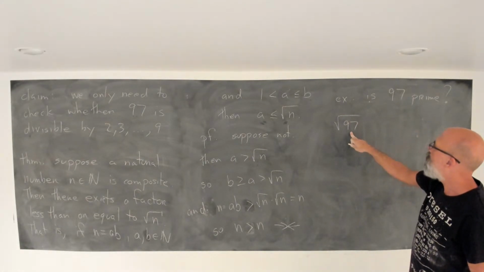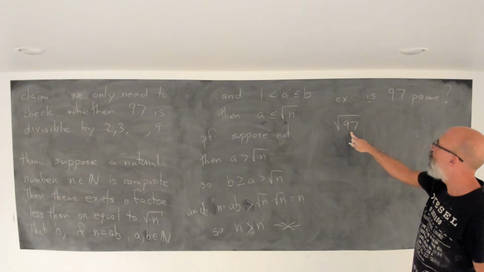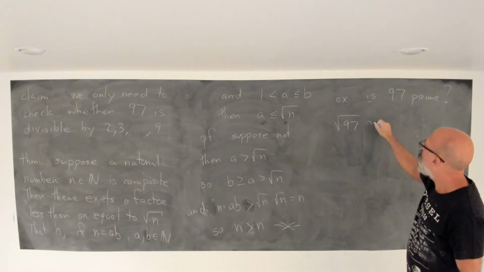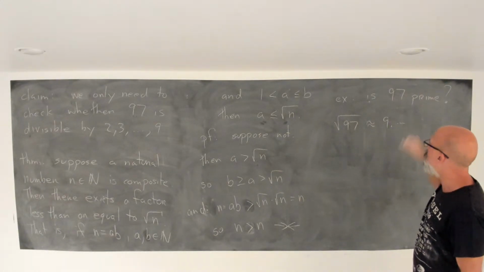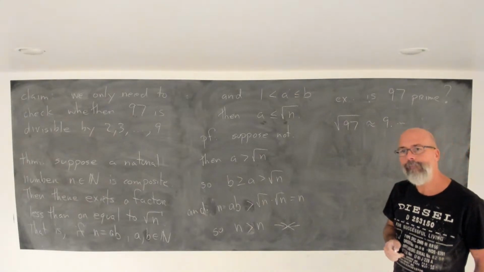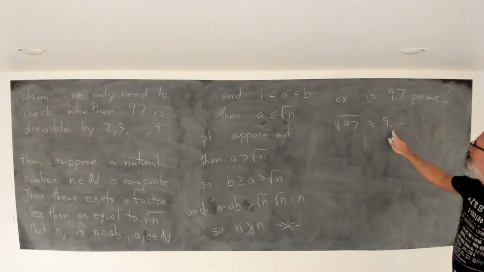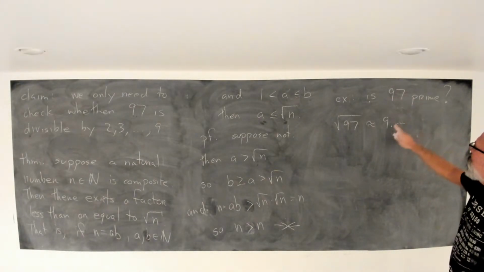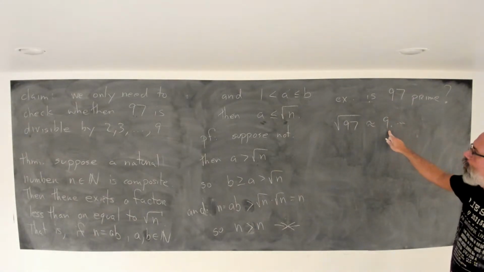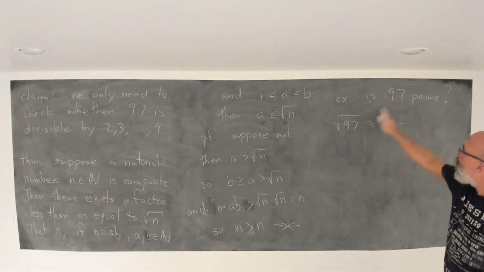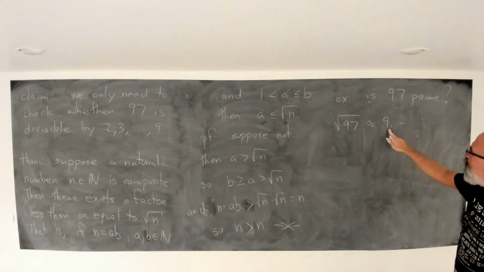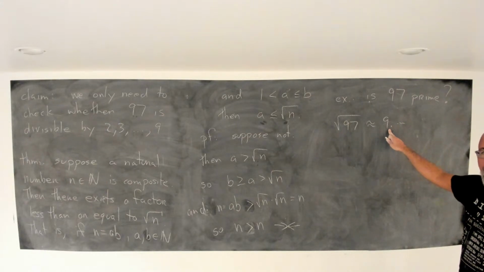Well, that's less than square root of 100, which is 10. So this is going to be 9 point something something. So if 97 is not prime, there has to be a factor less than or equal to 9.